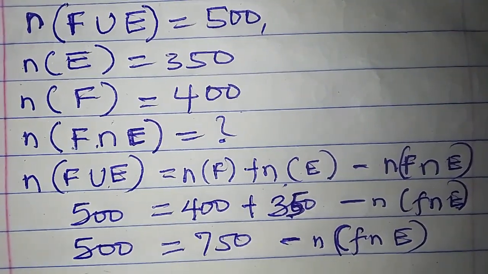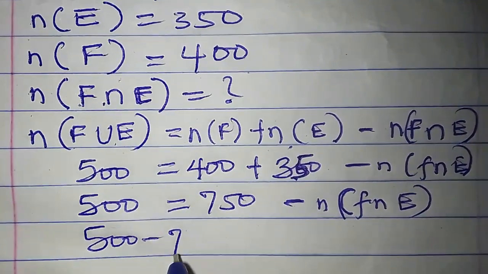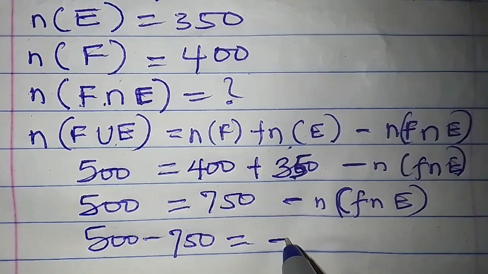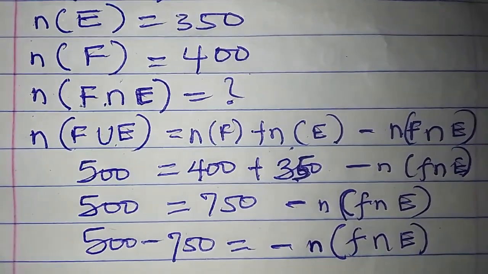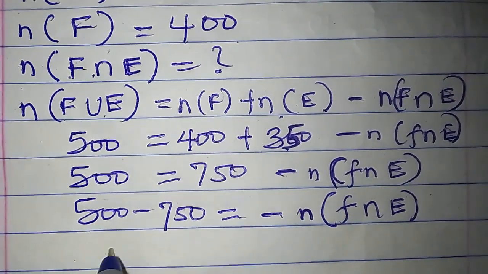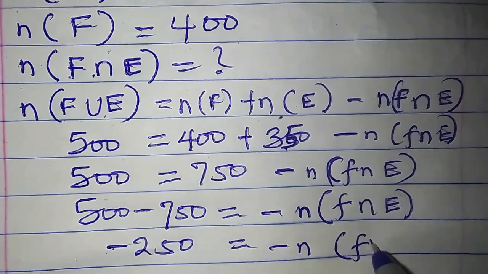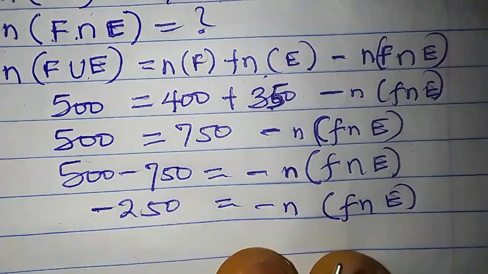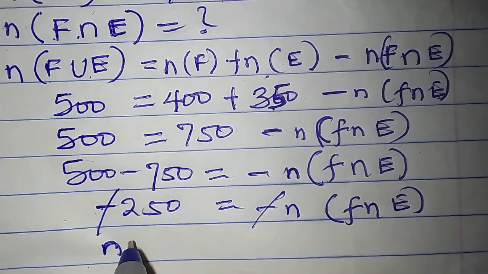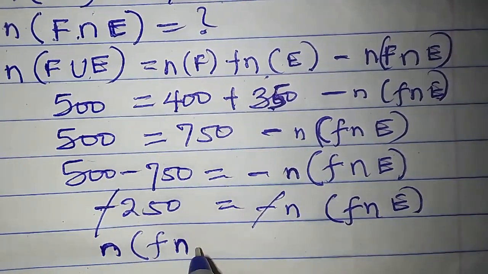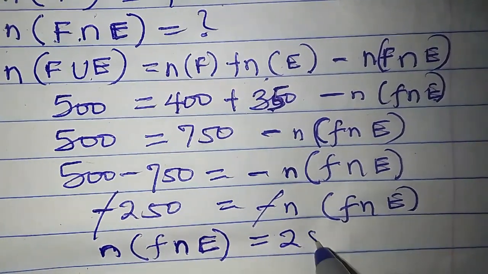So if we collect like terms, we have 500 minus 750 is equal to minus number of F intersection E. So 500 minus 750 is minus 250, equal to minus n of F intersection E. So minus cancels minus. It means that the number of persons that speak French and English, that is, that speak both languages, is 250.